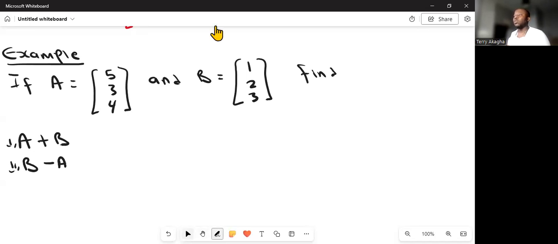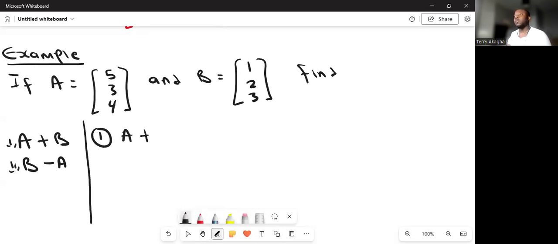So what I'm going to do is divide the screen into two. We're going to start with the first one, A plus B, okay? We know A is equal to 5, 3, and 4 plus B, which is 1, 2, and 3.